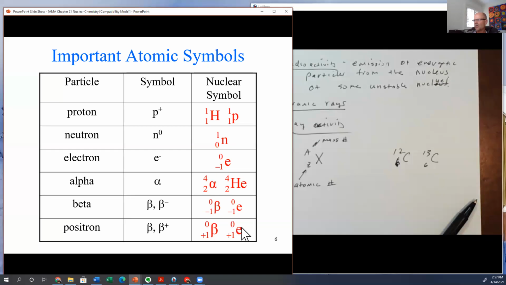It has the mass of an electron, and the magnitude of its charge is the same as the charge of an electron, but the sign is opposite. So it's like an electron with a positive charge, right? You'll have to know a lot of these because you have to be able to write nuclear equations. But we'll go through all of those here in just a minute.